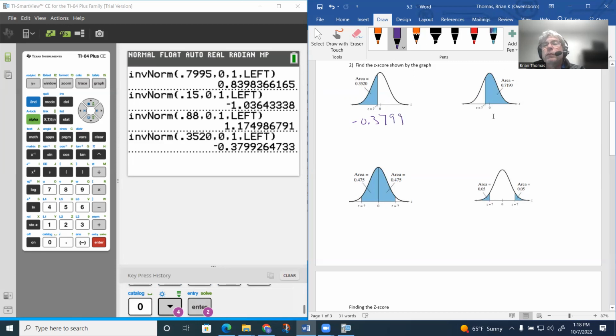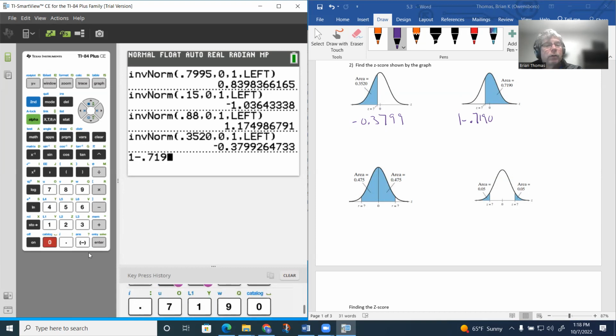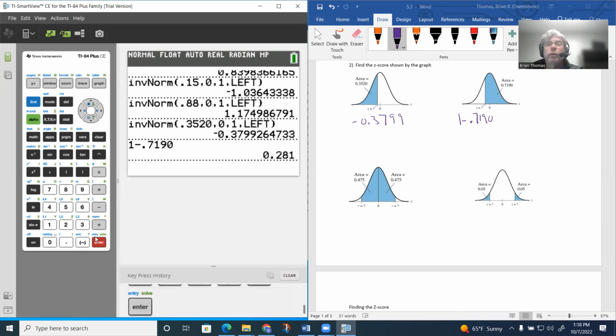Okay. Now here, if we do it the way we've been doing it, they gave us this area, but really what I want is this other area. So if I go 1 minus this 0.7190, that gives me this left side, 0.281.